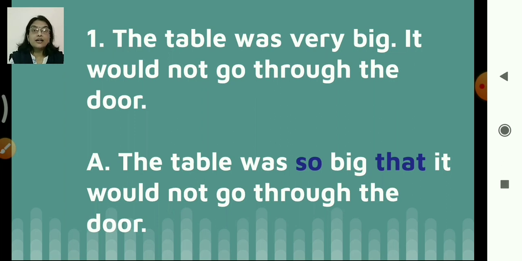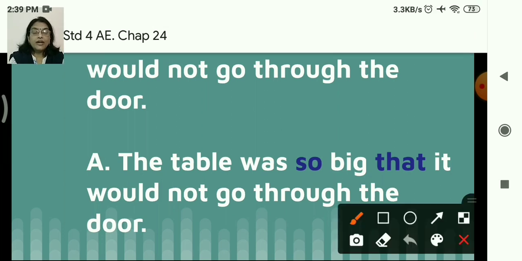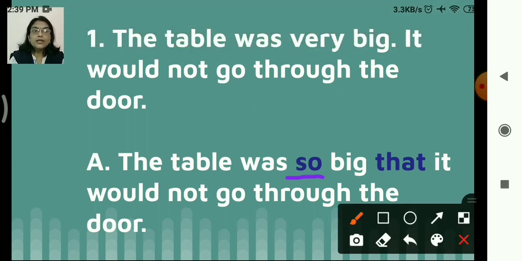So let's check the answer here. The table was so big that it would not go through the door. So what is done here? We have done the work. We have joined by using so and that, isn't it? And notice that very is left out. So where is very?